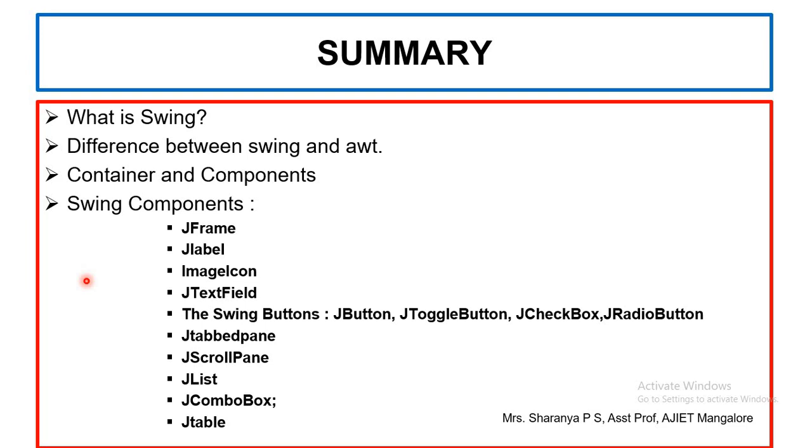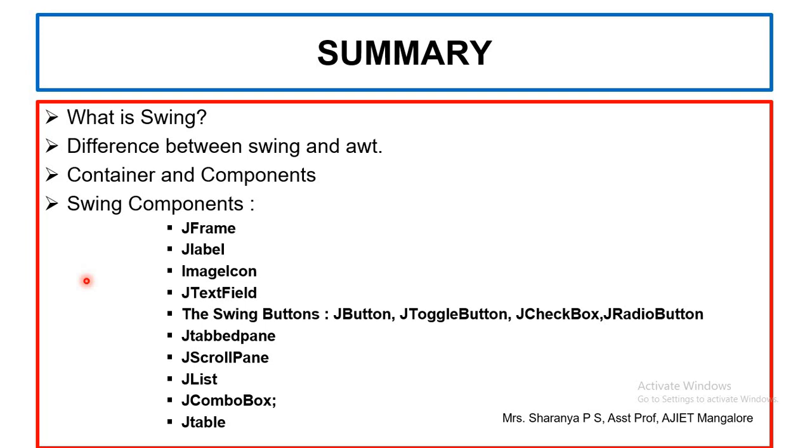We have discussed the major difference between Swing and AWT. Swing is defined under the extended package javax.swing, whereas the Abstract Window Toolkit is defined under java.awt. Swing is very lightweight, whereas AWT is heavyweight.